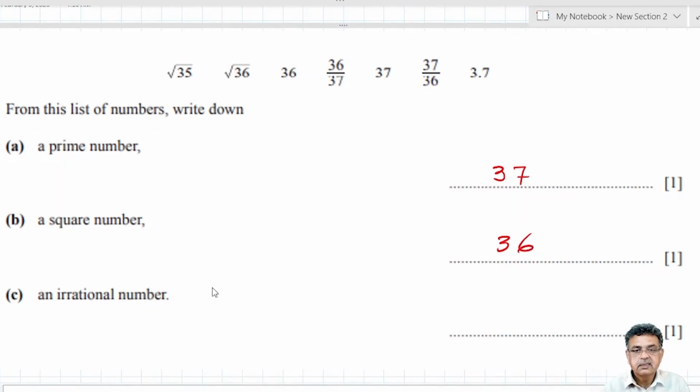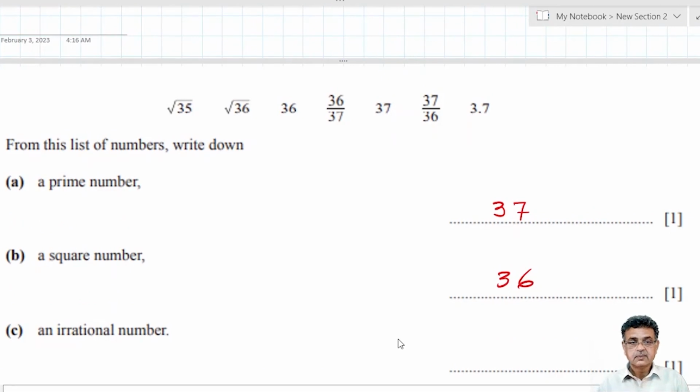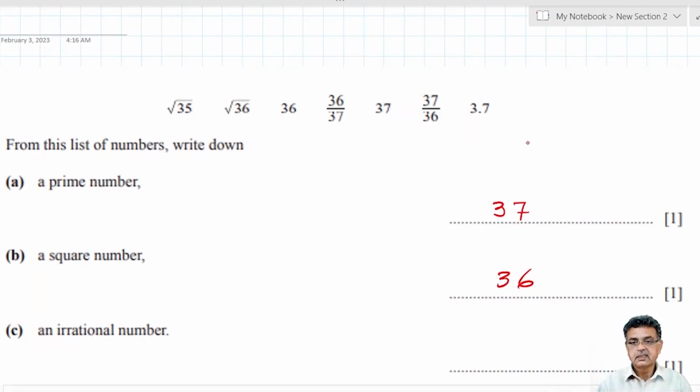Now an irrational number. Let's see which numbers are rational. This is rational because in terms of decimal, it is a terminating decimal. This is rational because it will also be terminating. If not terminating, it will be a recurring decimal.